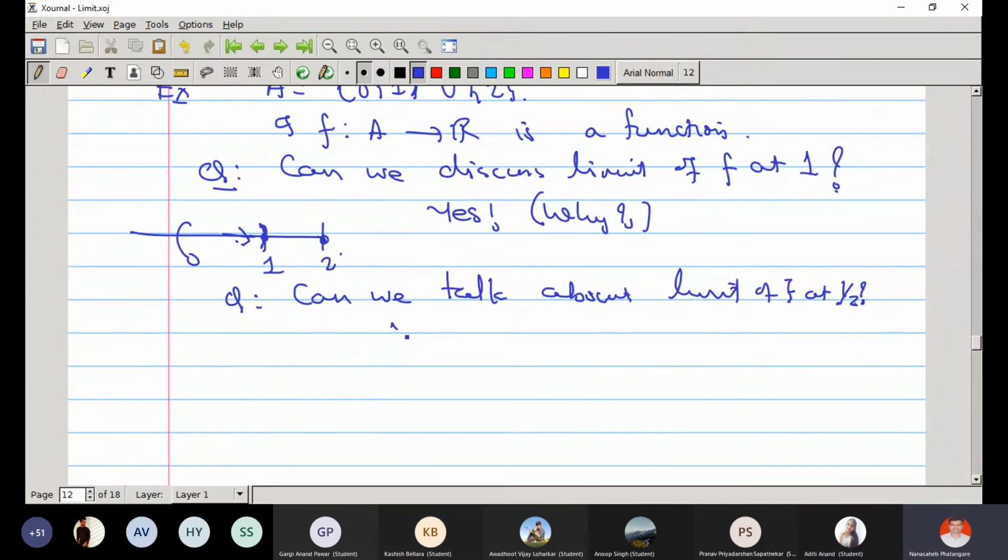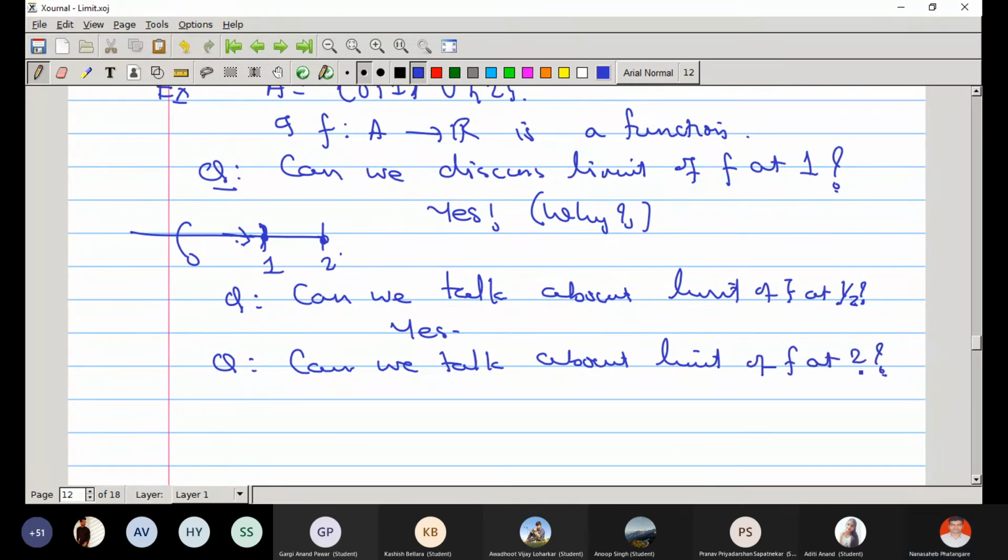Yes, sir. Yes, right? Same thing. But can we talk about the limit of f at 2? No, sir. No, because there is no way to approach 2, because 2 is an isolated point, right?